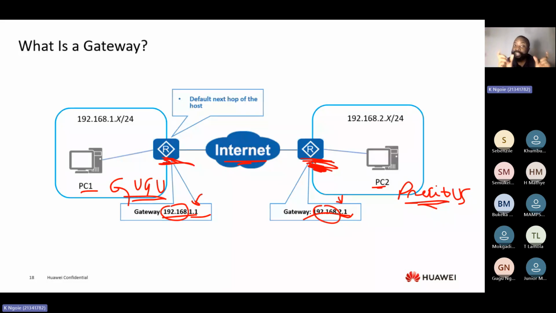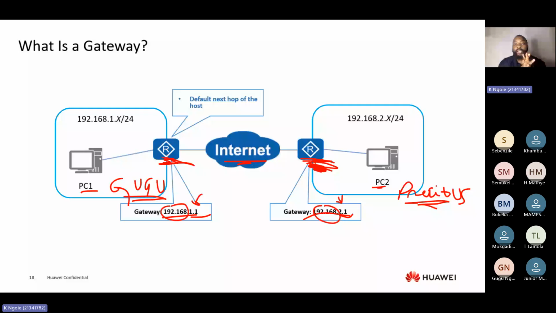Because those websites have that IP address. That's a similarity. All right, so your gateway is usually your router. So that is your gateway. Guys, that's how simple this can be.